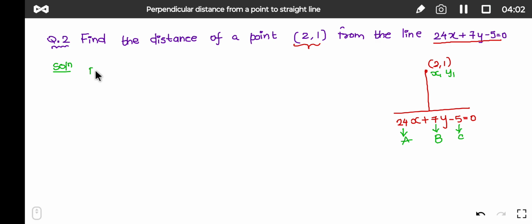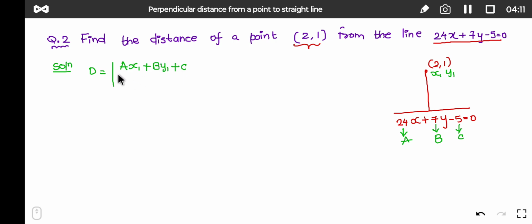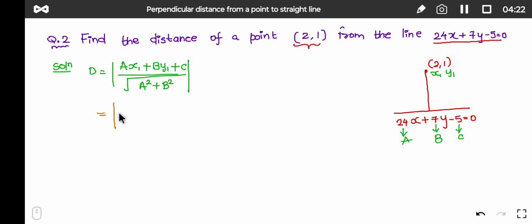Distance d is equal to modulus of ax1 plus by1 plus c upon square root of a square plus b square. Then substitute all the values. Modulus as it is, a is 24, x1 is 2, plus b is 7, y1 is 1, plus the value of c, which is minus 5.